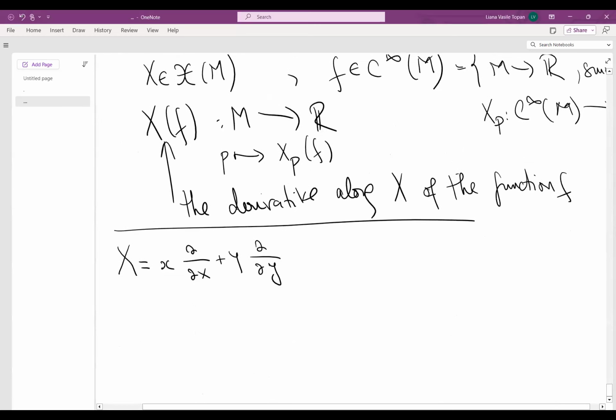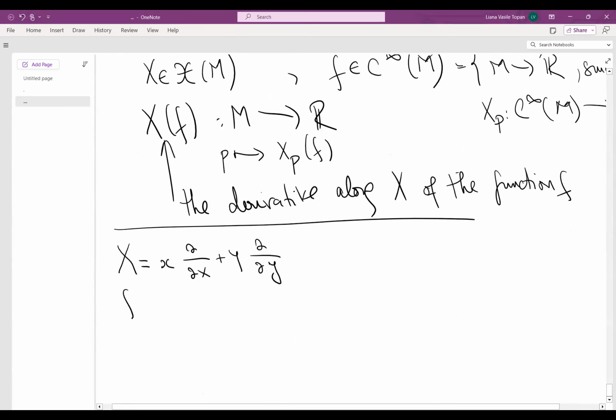And then let's take a function. So I'm going to take f of x, y, and z to be, let's say, x squared plus y squared plus z squared, right? So we have a function and the vector field. The components of this vector field are x and y, right? So those partial over partial x, partial over partial y are just the elements of the basis, the frame.